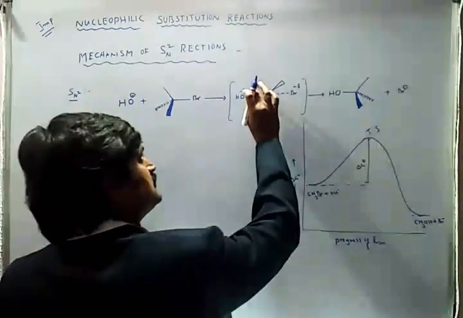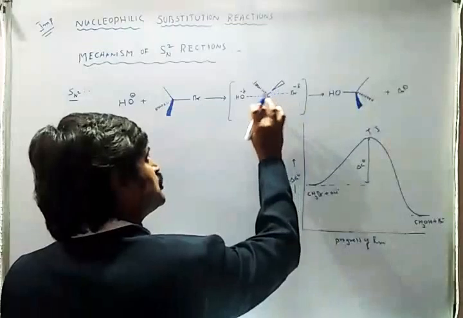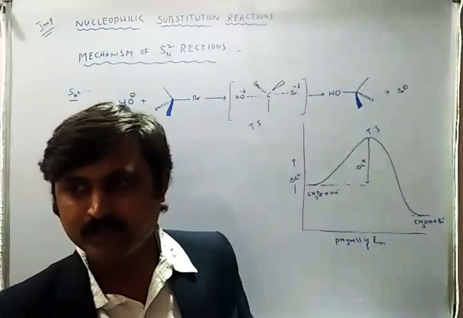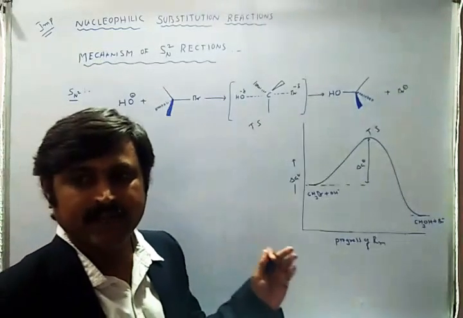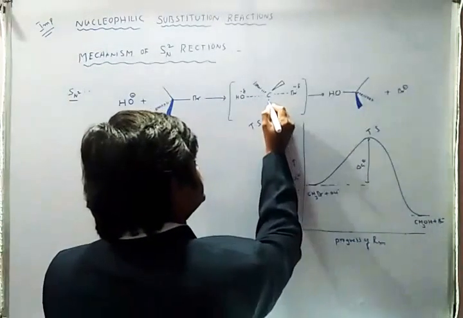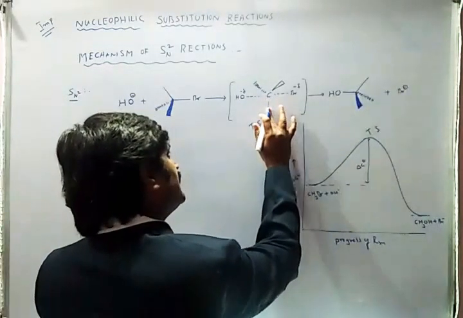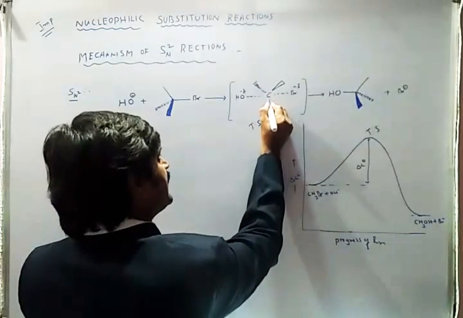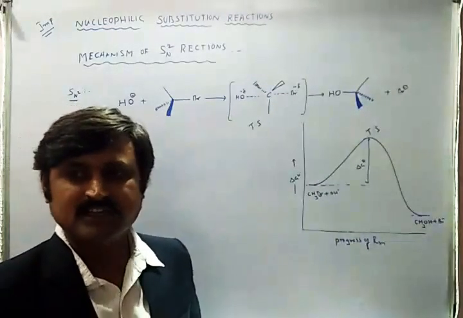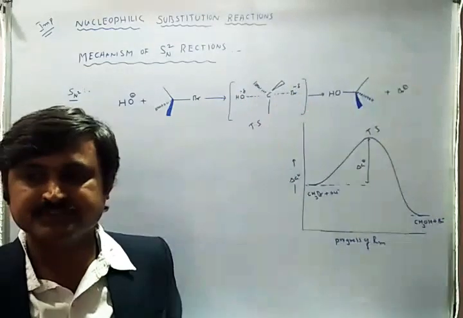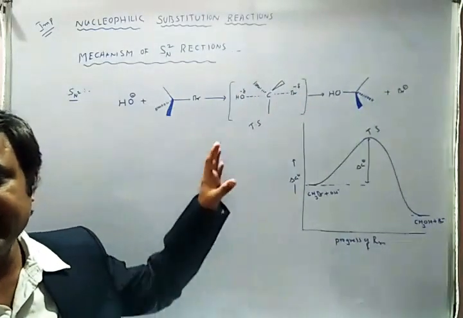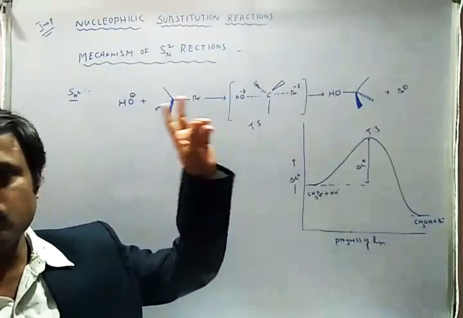So here, whatever three bonds we have shown, they are all in one plane only, and the carbon is pentacoordinate. So how many bonds are there according to pentacoordinate? 5 bonds, fully bonded to 3 atoms and partially bonded to 2 atoms.